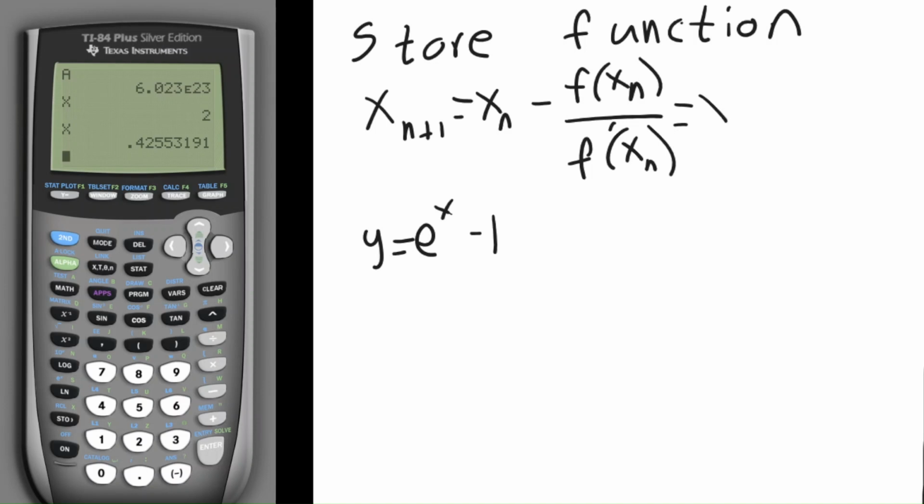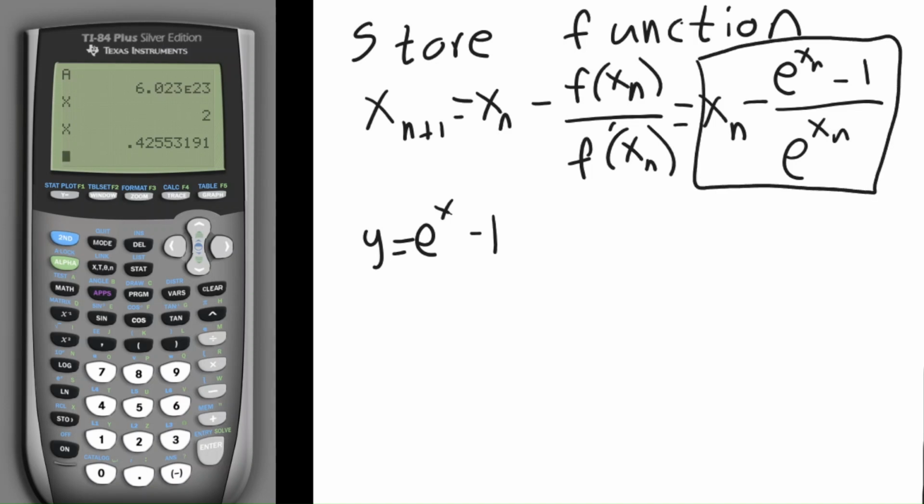Now, x_n is just some number you want to choose, it doesn't matter, minus e to the x_n minus 1 is f, divided by f prime, which is e to the x_n. If you don't know where I got that from, don't worry too much. Basically, this formula tells me, given a number for x_n, what the next one is going to be as an approximation of the zero.